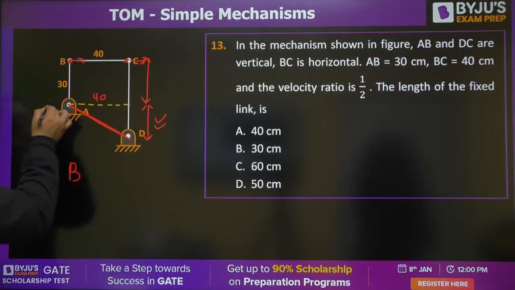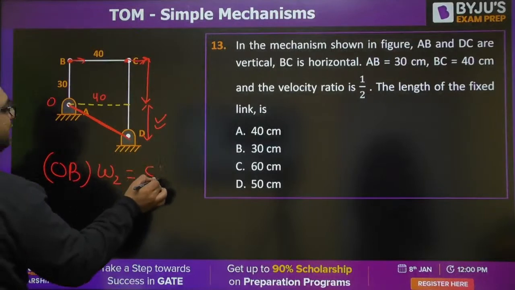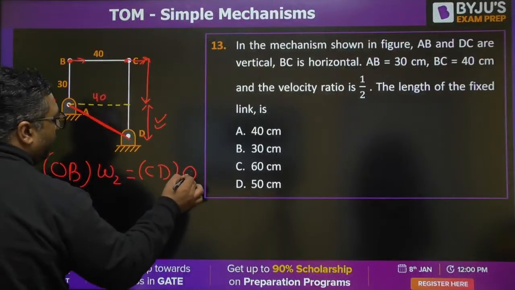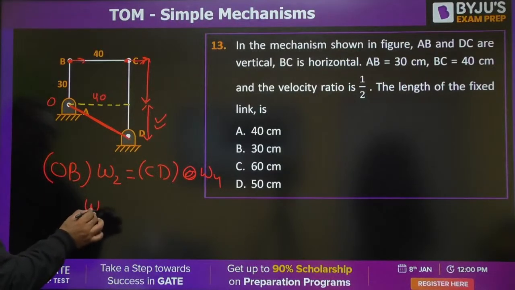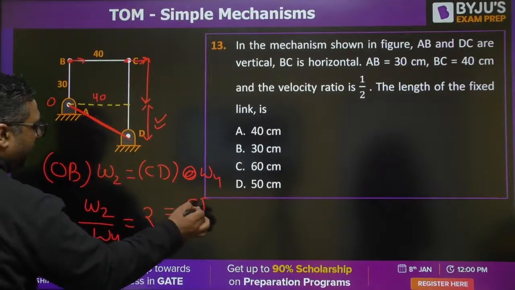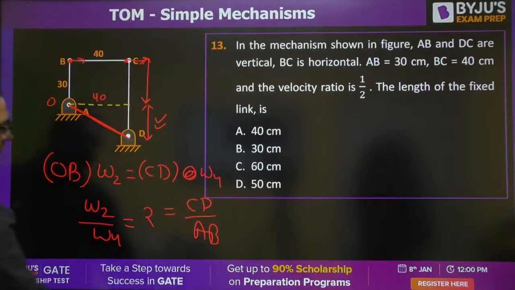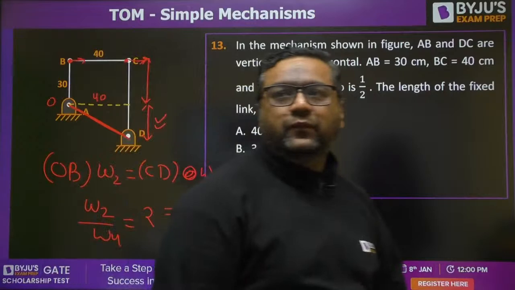So OB into omega 2 equals CD into omega 4. Omega CD is longer, so omega 2 by omega 4 will be CD by AB. Use it and get the answer.